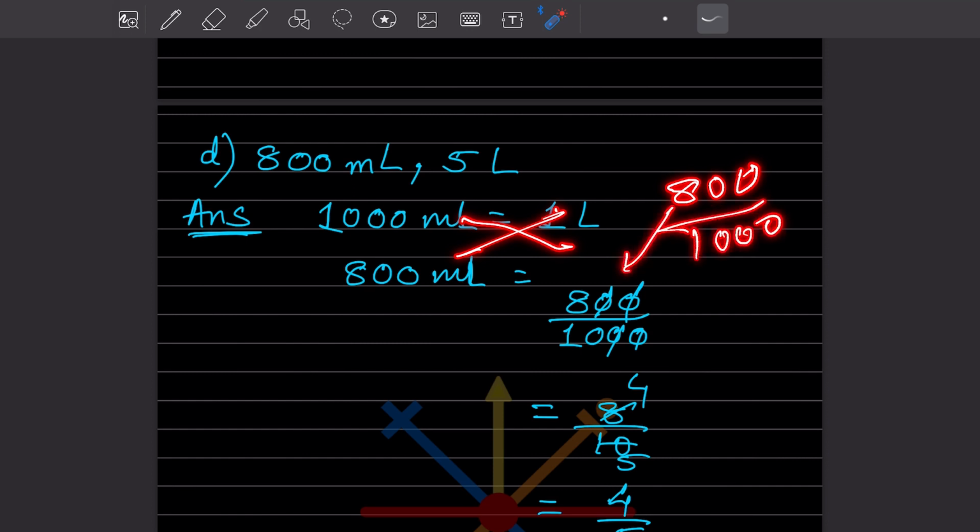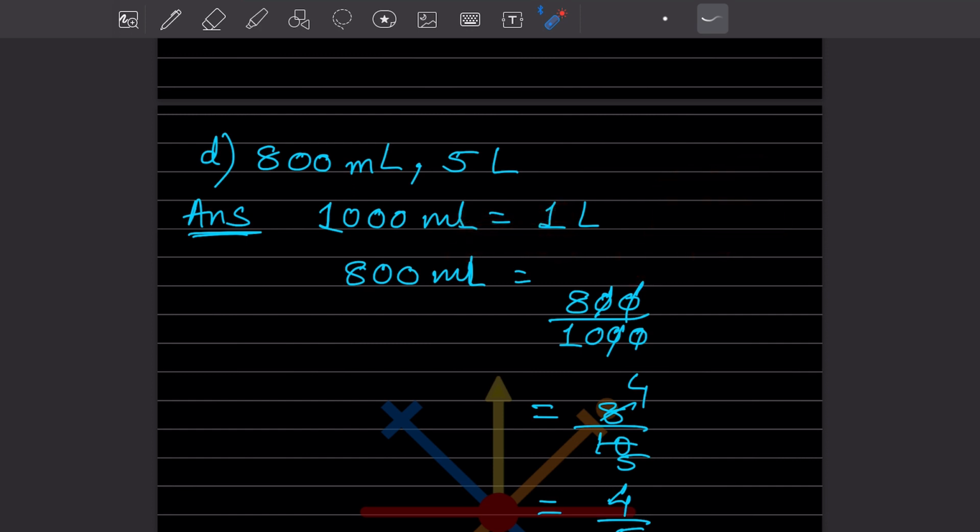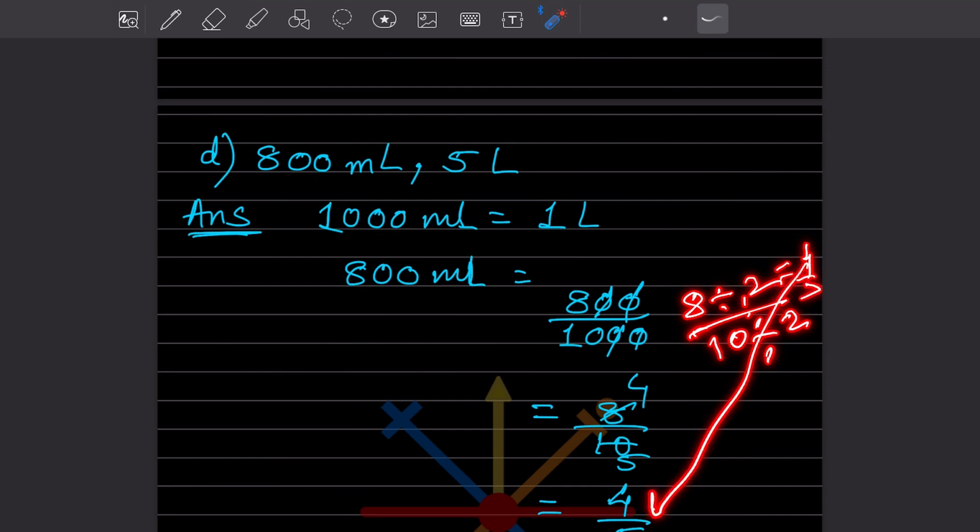Now look at here, this 0 cuts, this 0 cuts, means 8 by 10. If you are simplifying 8 by 10, you can also divide by 2. So what do you get here? 4 by 5.